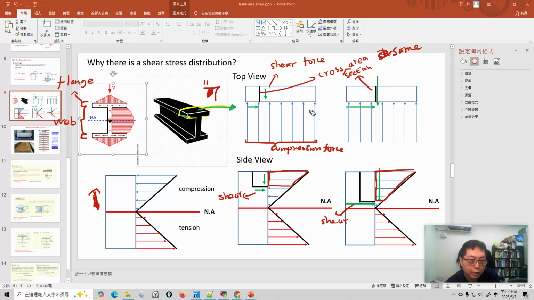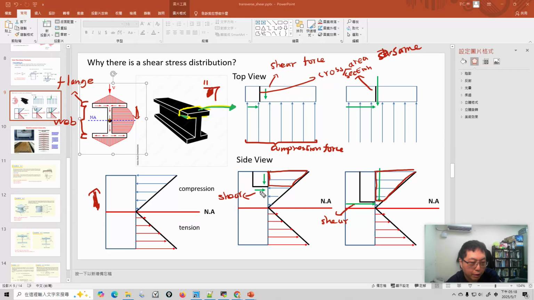The cross-section area is the same on the left-hand side and right-hand side. So when the right-hand side has a large shear force, that means there is a large shear stress. There is a shear stress distribution from the top to the center. When we are close to the center, there will be a large shear stress.